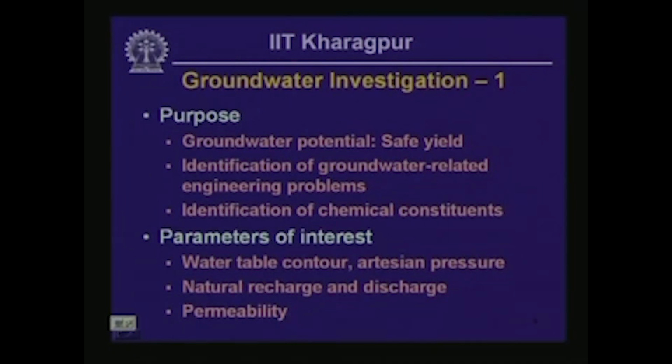Secondly, we would like to estimate the natural recharge and discharge affecting a groundwater source, and thirdly, we would like to get an estimate of the permeability of the underground geological formation that is used as groundwater source.